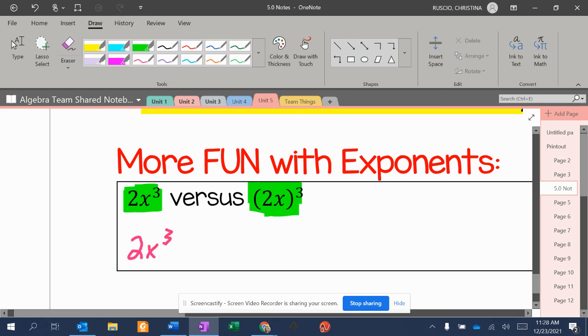But 2x all raised to the third power is a little different because that's 2x times 2x times 2x, which is 2 times 2 times 2. Well, 2 times 2 is 4 times another 2 is 8. X times x times x is x to the third. So parentheses matter. They're a big deal.